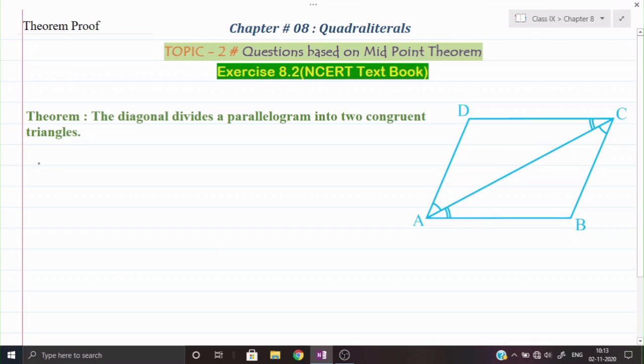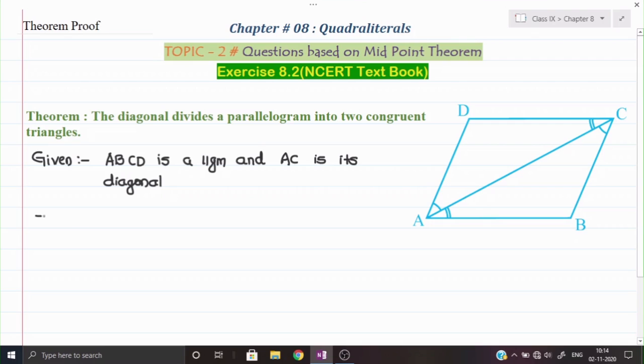So first I will write down here given. In the given, first we will mention ABCD is a parallelogram. ABCD is a parallelogram, that is given to us, and one more thing is given, AC is its diagonal. The second thing given is, AC is one of its diagonals.